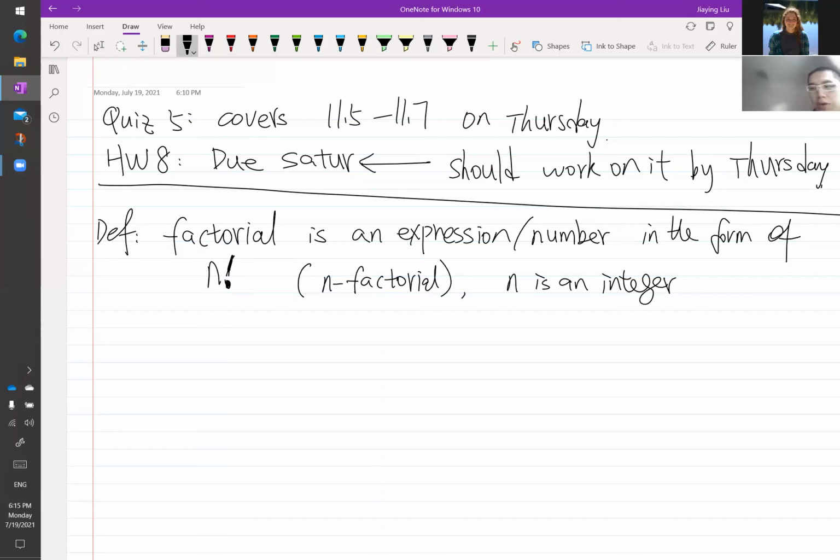If you expand it, you can write n factorial equals n times n minus 1 times n minus 2, and then times n minus 3, all the way to multiplied by 3, multiplied by 2, multiplied by 1. So that's what n factorial is. It's just a product of integers from 1 to n.